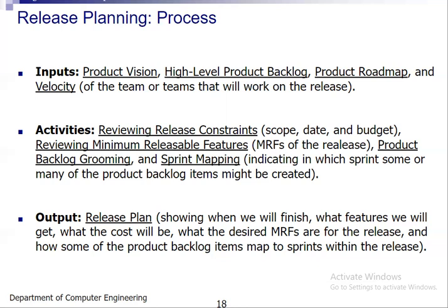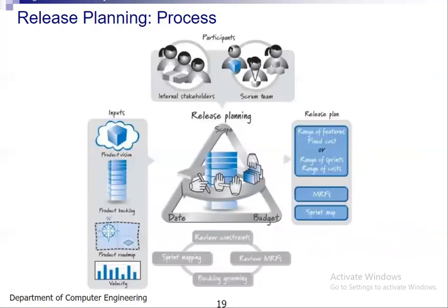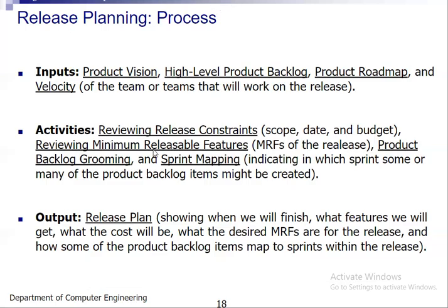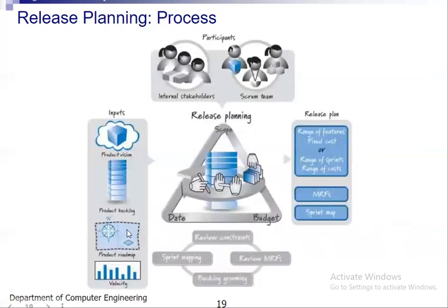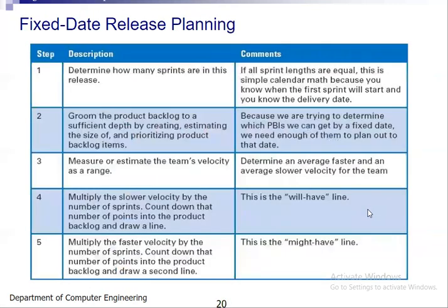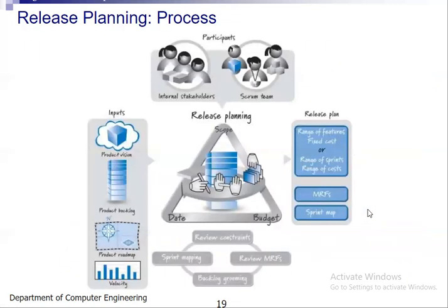So this will be the output of release planning. You can imagine the participants, stakeholders and scrum team, the input given is the product vision, backlog, roadmap and velocity. In release planning, these three things are very important: scope, date and budget, right? So this is all about release planning.